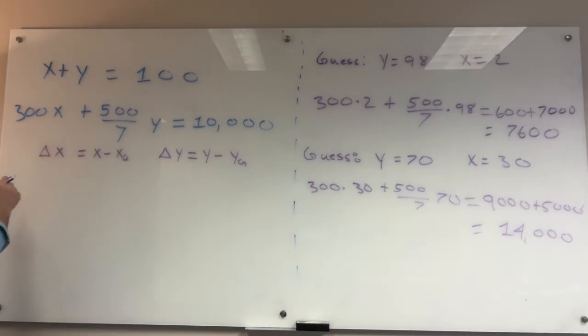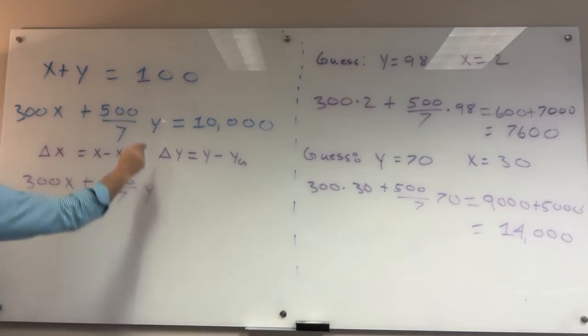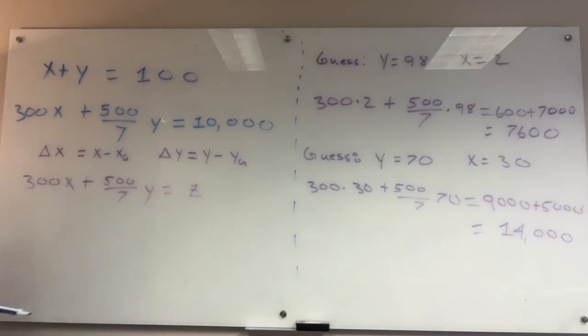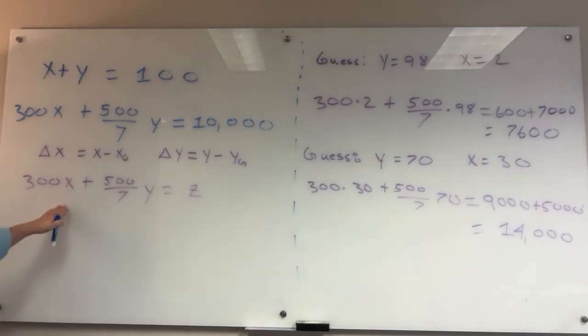And then I'm going to define a function, just to keep things in the same order. It's a function of two variables, 300x plus 500 over 7 y, so just the left-hand side here. I'm going to say this is equal to z. Now observe, this is only true because the left-hand side is a linear function in x and y.